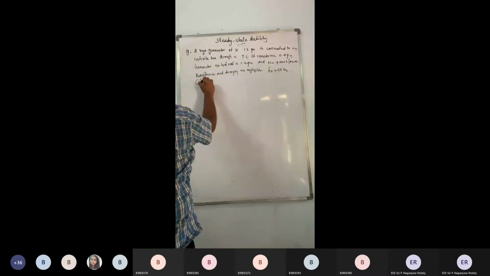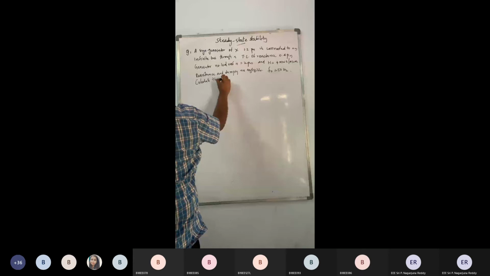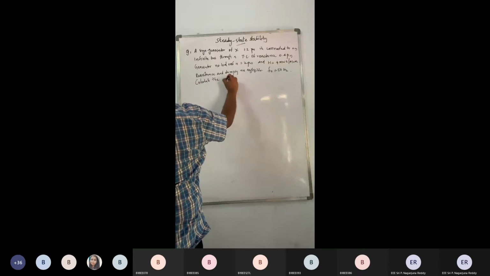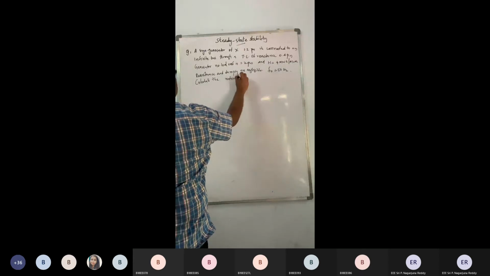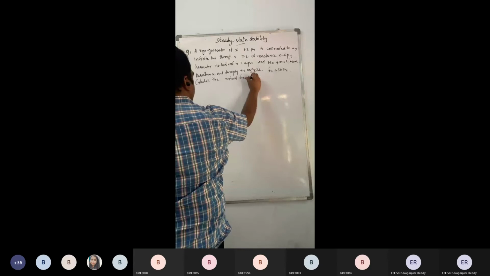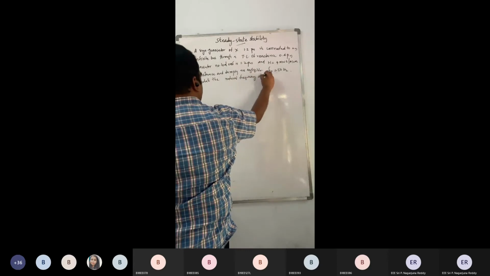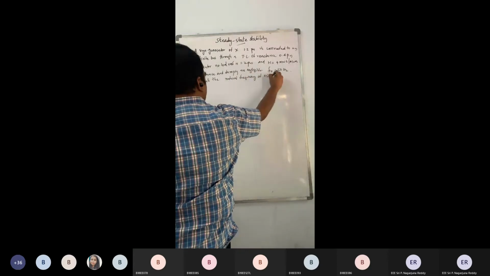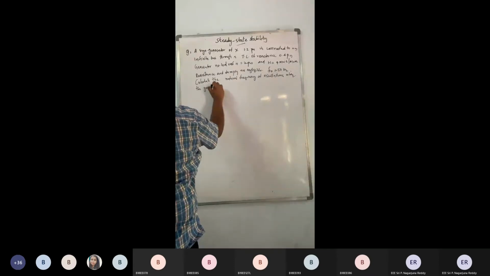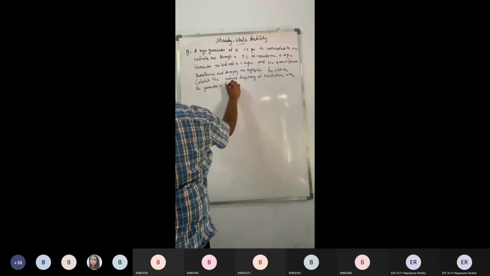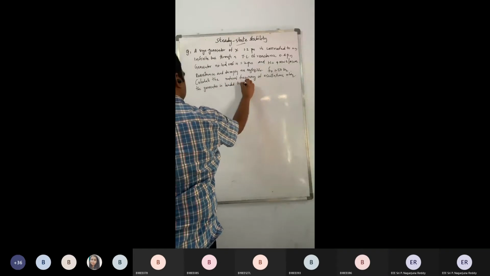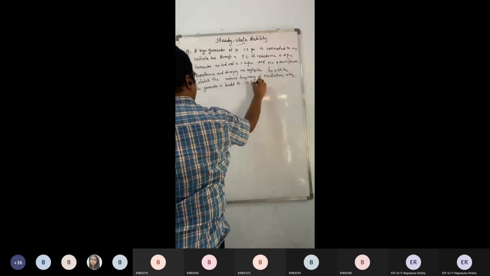Calculate the natural frequency of oscillation when the generator is loaded to 50% of maximum power limits.